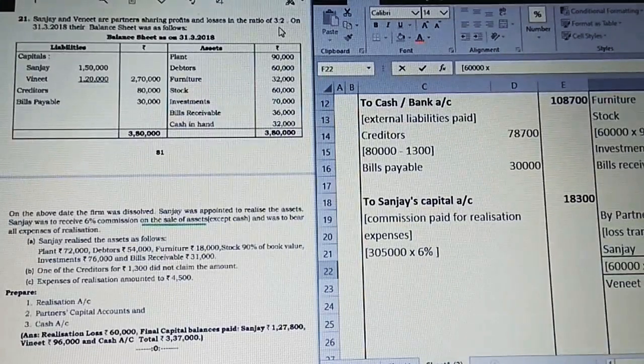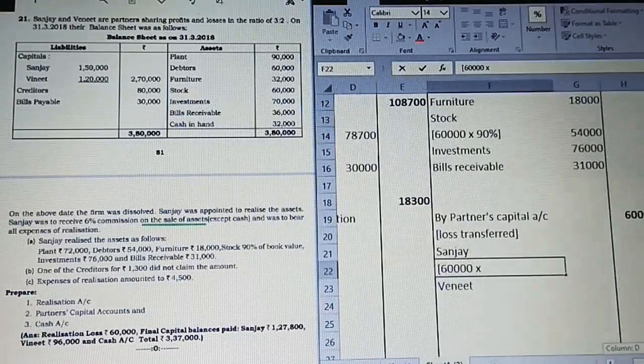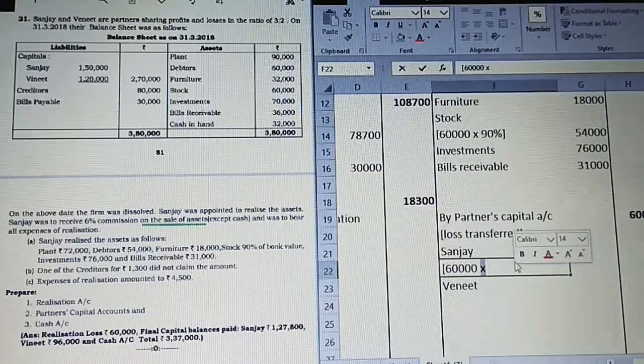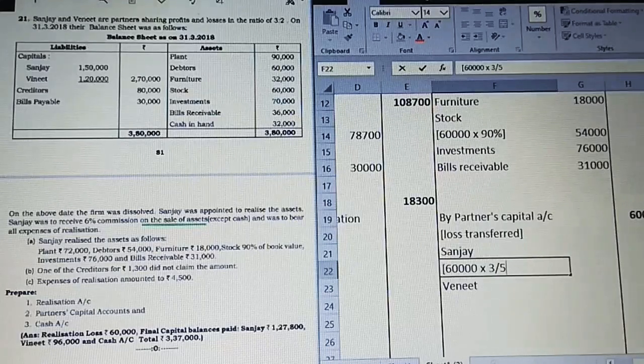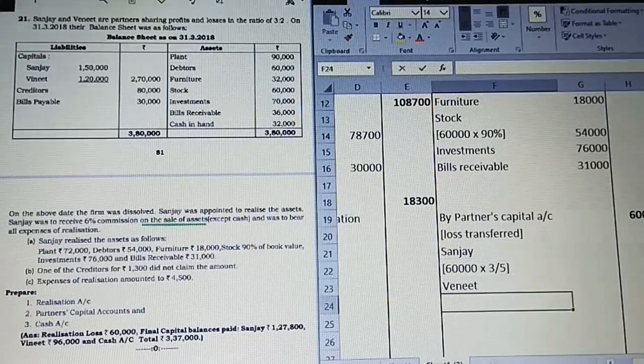Just observe the question. The cursor which is moving, the first sentence of the question, 3:2. I have to take this 3/5. The total is, and for Vineet 60,000 into 2/5.